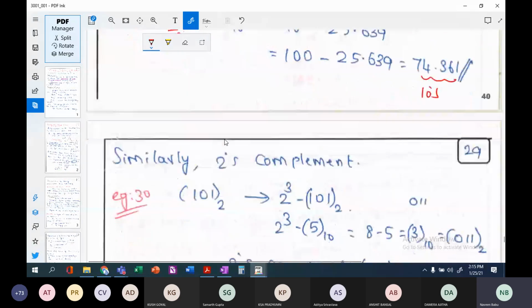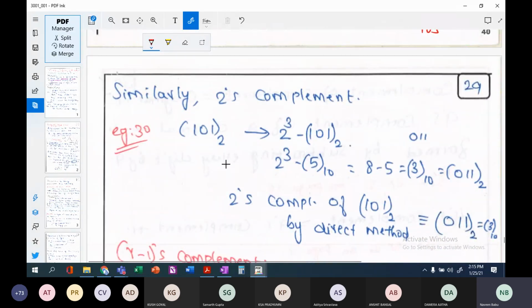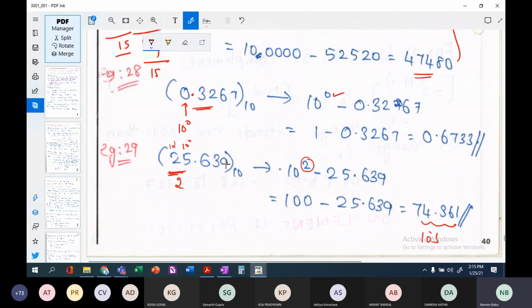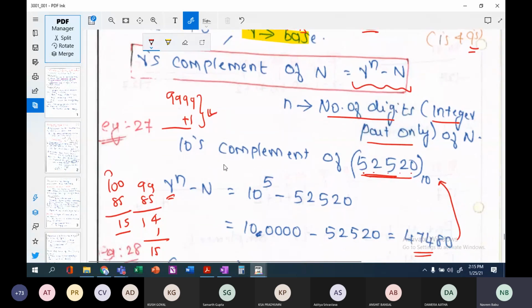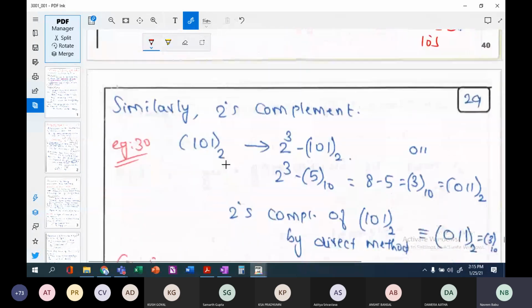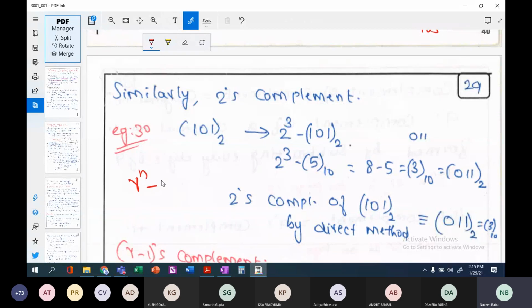Similarly, for a binary number system, since we have already taught you a generalized expression, r power n minus n will get you any complement that you want. So if you want the 2's complement of this number, the formula is r power n minus n, where n represents the number of digits in the integer part.